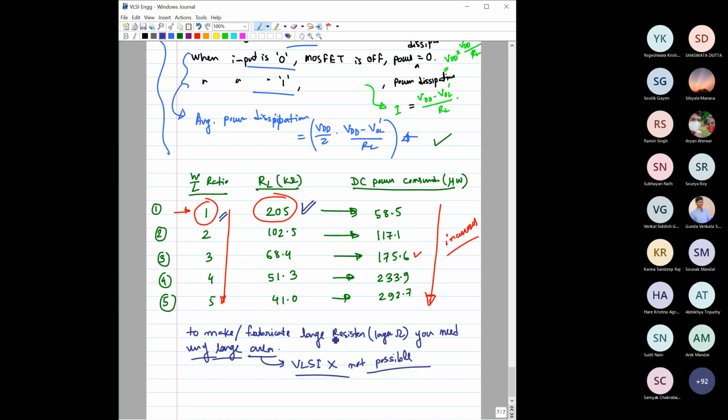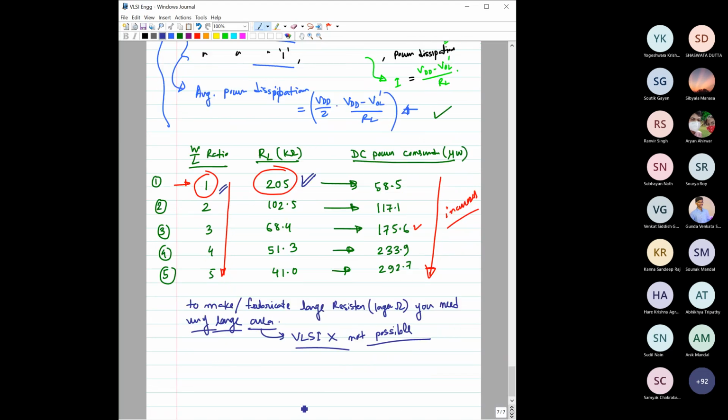Ultimately, if you choose this high resistance value, you cannot incorporate it in a proper VLSI circuit. Now, there will be one more issue for choosing a high value of resistor.